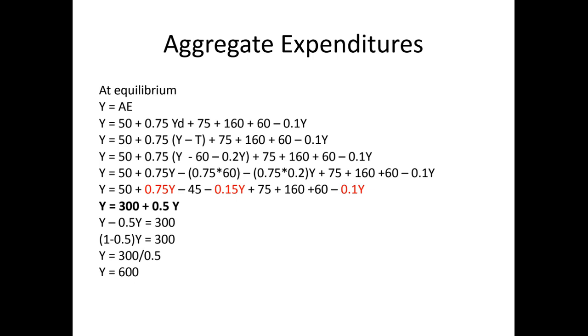This is important. Number one, we know that at equilibrium, Y is equal to aggregate expenditure. What is Y? GDP, the total value of your GDP. So if you are producing $2.8 trillion worth of goods and services, then at equilibrium, your aggregate expenditures must also be $2.8 trillion, so that consumers, government, investors, and foreigners can buy those $2.8 trillion worth of goods and services.